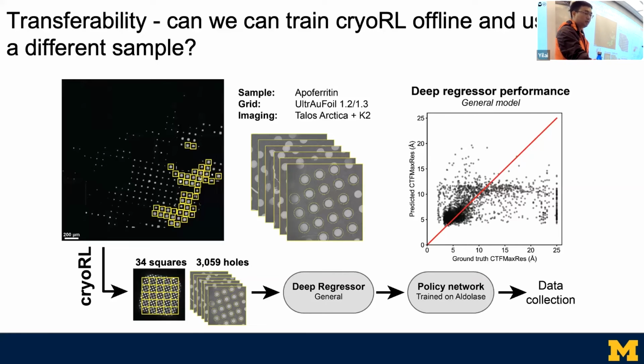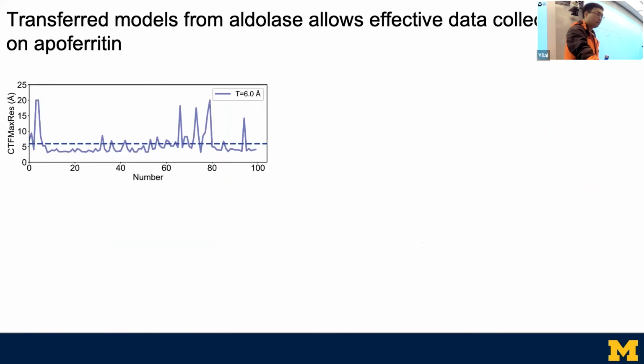You can see this is poorer performance compared to the ones shown before, but it still captures the overall trend along this diagonal line. But the good thing about this framework is that you don't need to have a perfect regressor to collect efficiently.